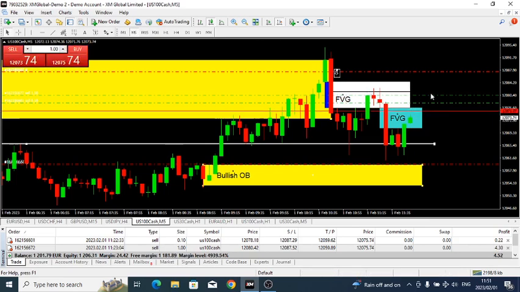They can also go back there to finish the business at this fair value gap, or they can just return. They can just deal with this fair value gap and come down.